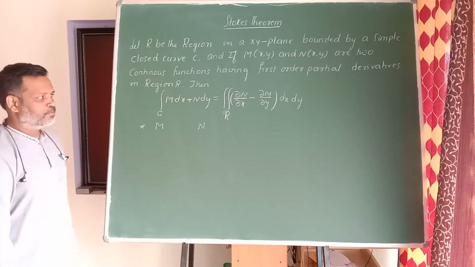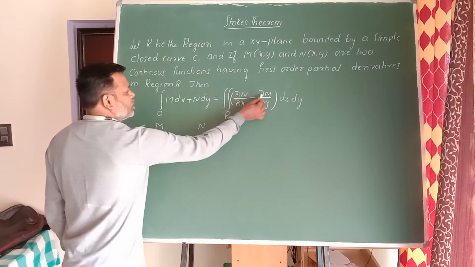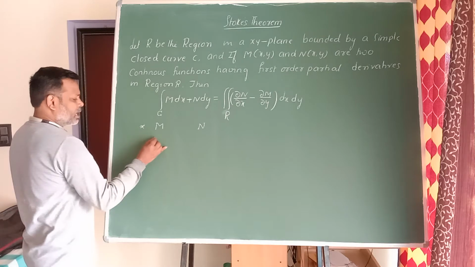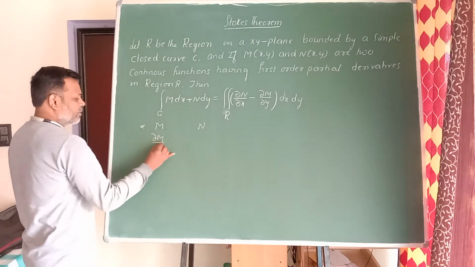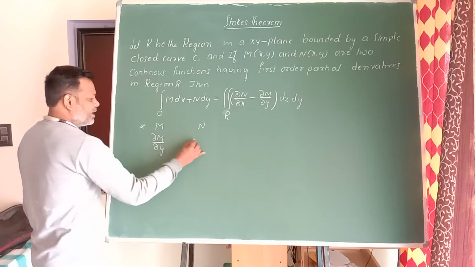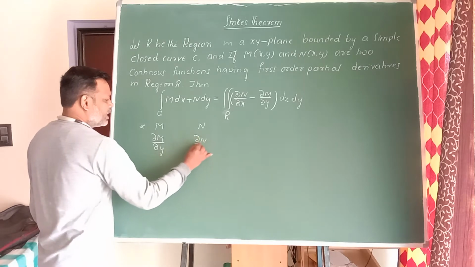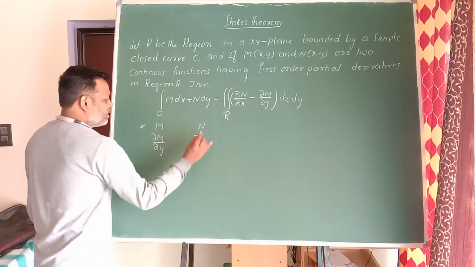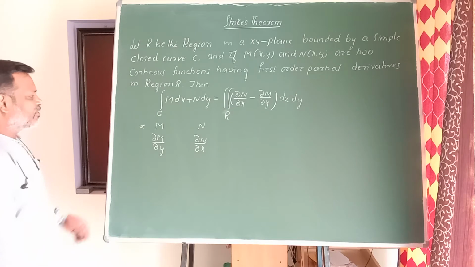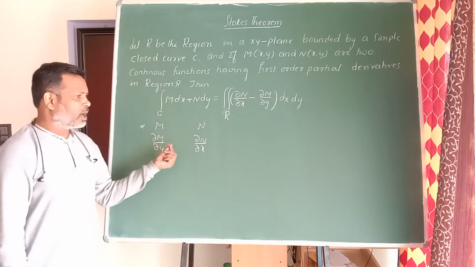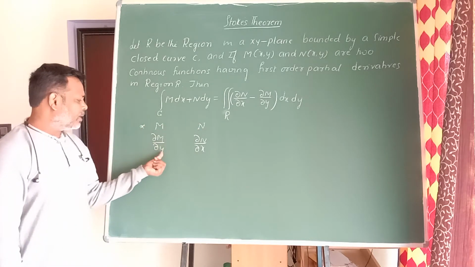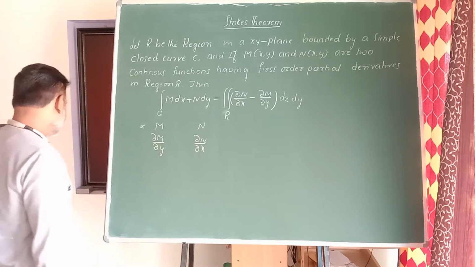This is the procedure. Then find dou M divided by dou y and dou N divided by dou x.